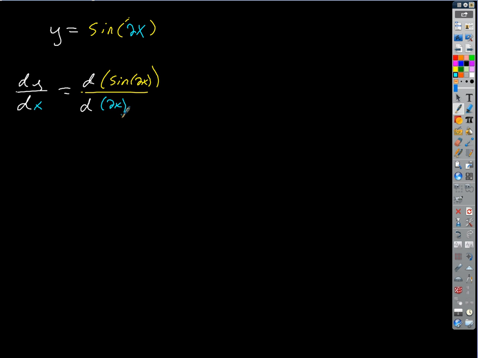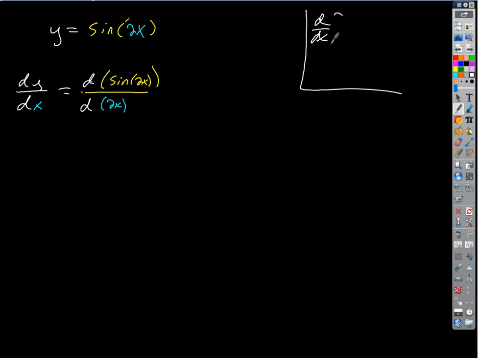Okay, what is the derivative of sine 2x with respect to 2x? Think about what's the derivative of sine theta with respect to theta? The derivative of sine theta with respect to theta is what? Cosine theta, right? We could write that rule down. That's one of our standard rules. We wrote it in terms of x. I want to make a point here.